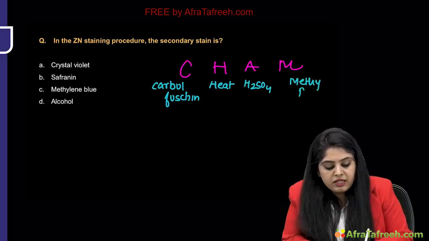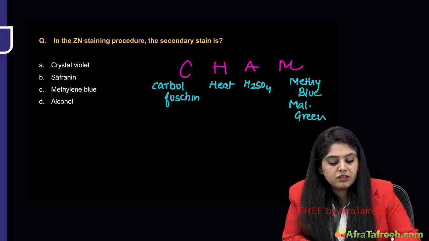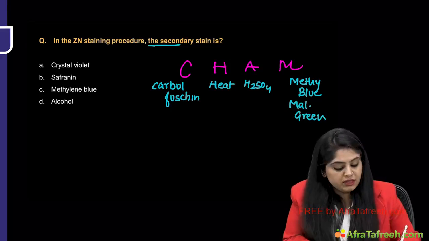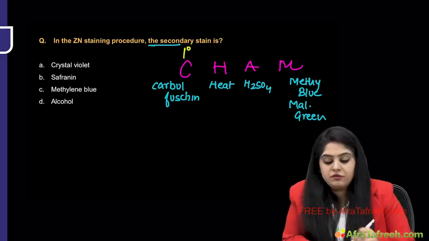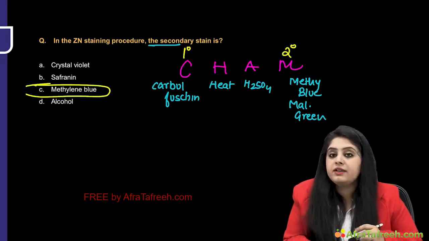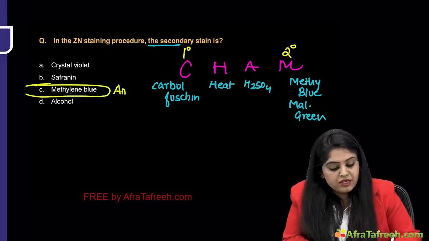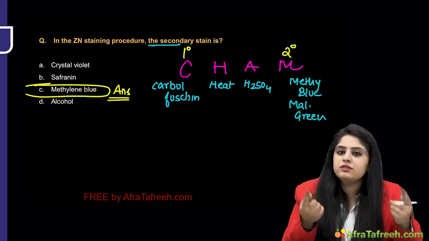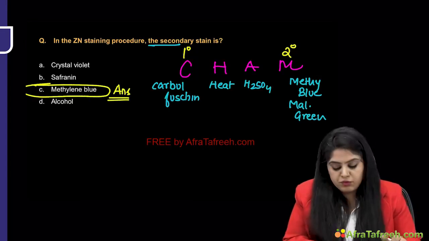And I said if you like a green color, you can also select malachite green. But methylene blue was the famous one. So now they are asking you secondary stain. So primary color was carbol fuchsin. Secondary color was methylene blue. Do I have methylene blue written anywhere? Yes. So that becomes the answer for you. So for these kind of questions, think of your answer and search for it in the options.